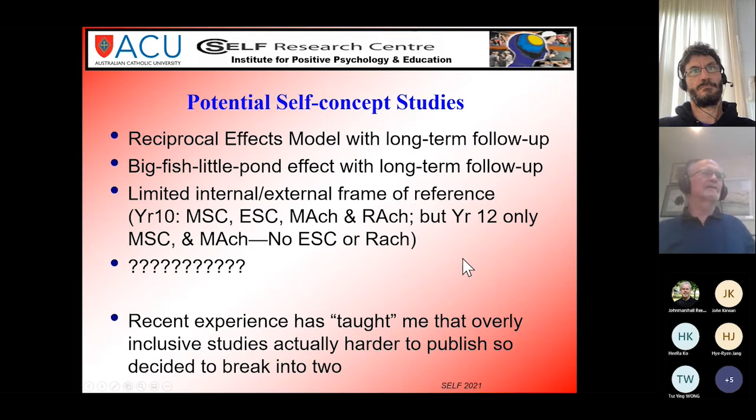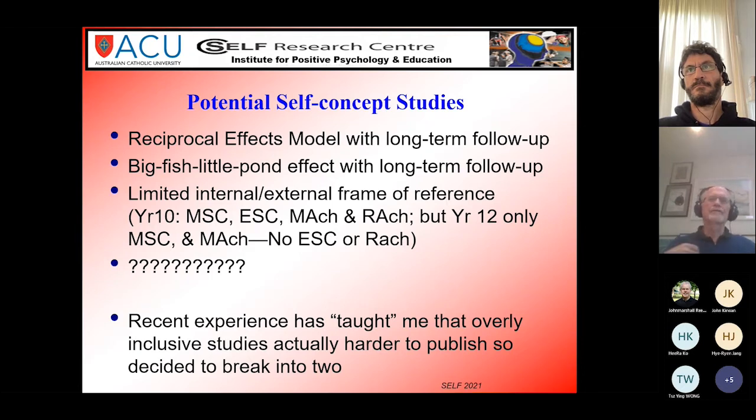Okay, so there's each of the three models that I mentioned, that I could look at possibly with this data, and I've been exploring that. But also notice that recent experience has taught me that overly inclusive studies are actually harder to publish. So when I looked at how complex the paper was evolving to be, I decided to break it into two papers.